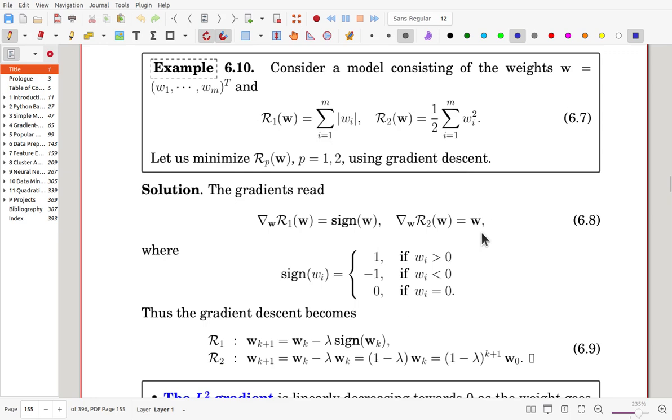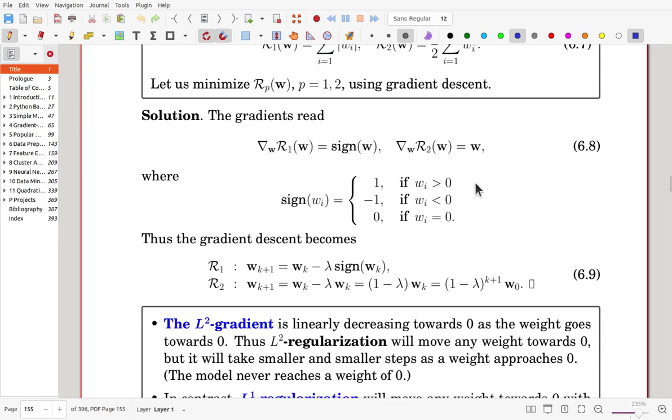If we are using the gradient descent method, then for the objective function R1, the next iterate is updated from the current weight minus lambda times the gradient of R1, which is sign of Wk. So that is the update for R1. For R2, the gradient is W, so we can rewrite it in this way. Then, if we go down to W0, the initialization, we can see this.